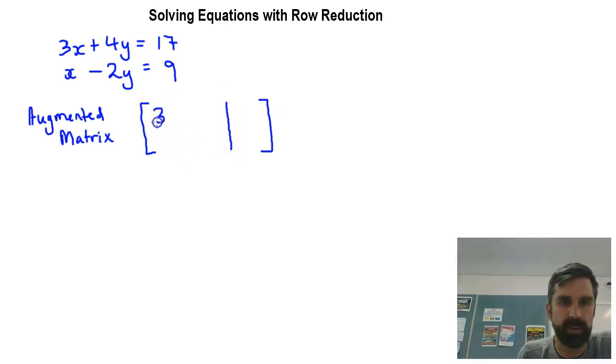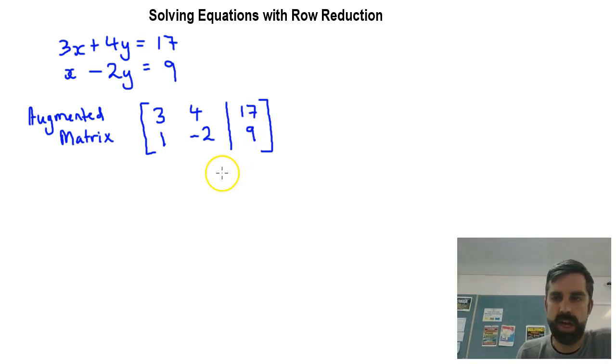On the left, I'm going to put in the coefficients: 3, 4, 1, and -2. The 1 just comes from the x on its own. And then the right-hand side of the equations goes over here: 17 and 9. Now we're going to name these two rows of the matrix row 1 and row 2, and they correspond to the two equations.